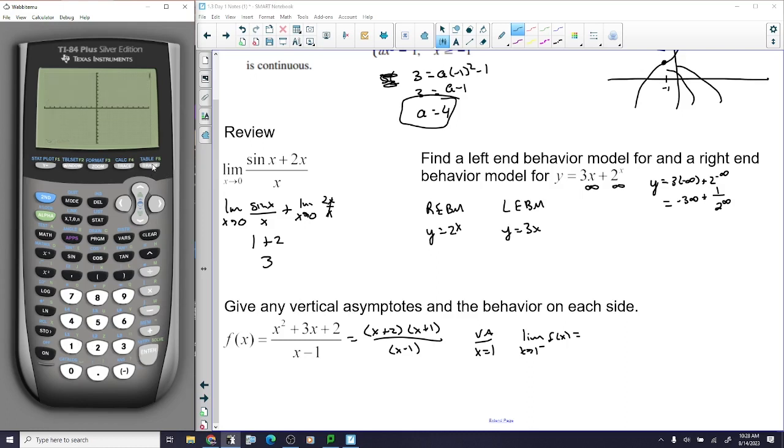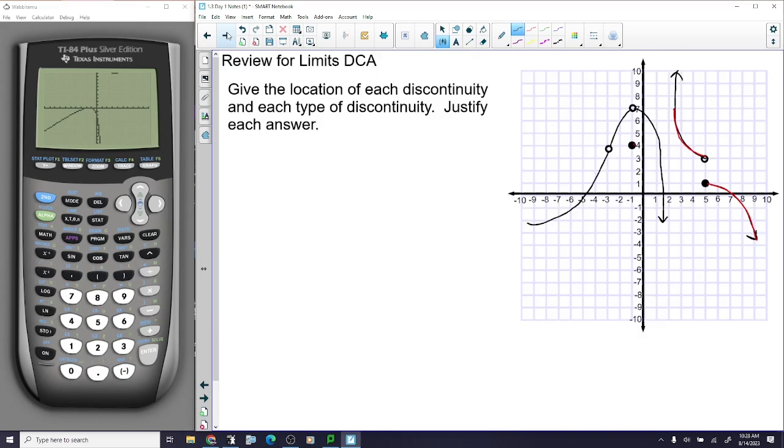So let's graph it. What did I do wrong here? Oh, I didn't do the divide. Insert, divide, graph. So 1 on the left is going down to negative infinity. The limit as x approaches 1 on the right of f of x is way up at the top there, going to positive infinity.